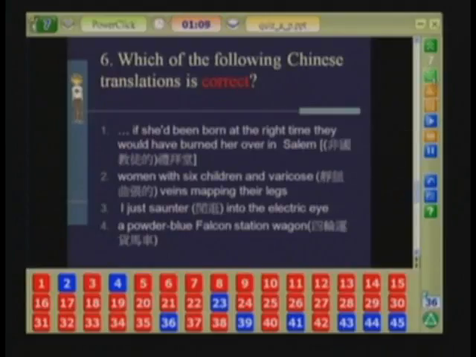Okay, let's check. Do you know why this is wrong? I think in the 17th century, there is a very famous film called The Crucible, right? The Crucible is about witch hunting and witch burning in the 17th century.